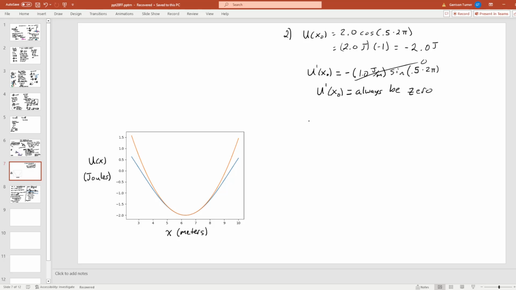And we evaluate the second derivative. The negative sign stays, and my coefficient of negative 1.0 stays. The derivative of sine is cosine.